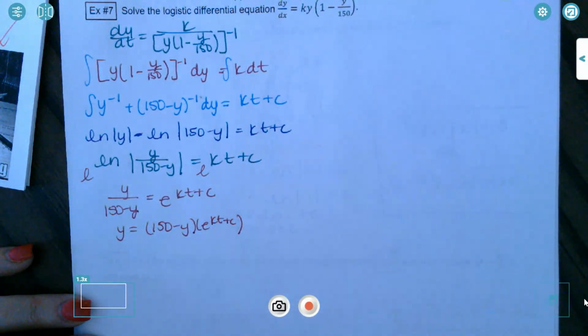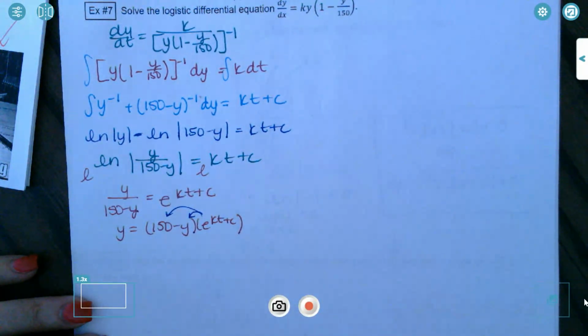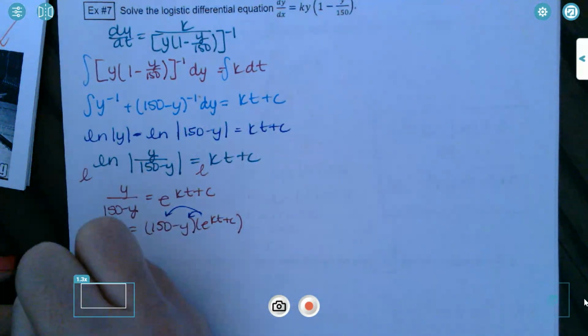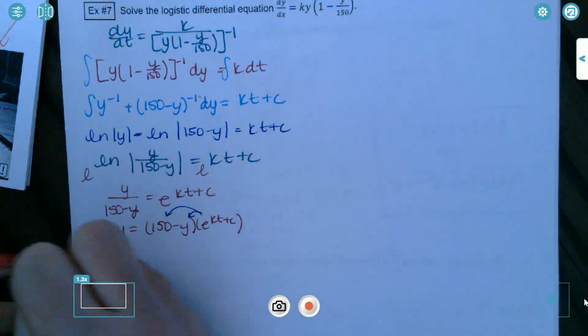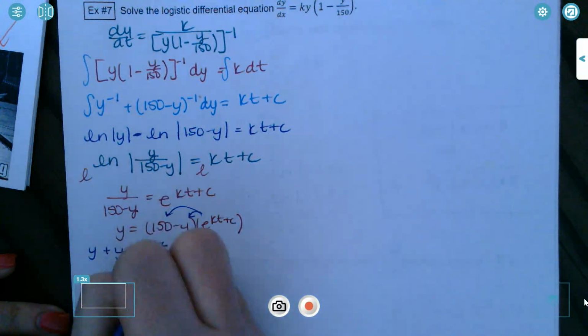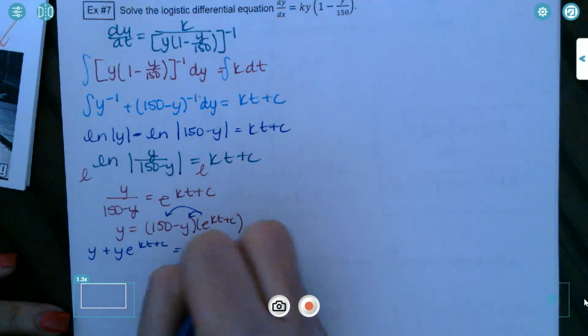All right, so if I do that, basically we're going to do this. Boom, boom. And I want to pull this one over. So I'm going to have this y over here already. That's going to be plus y times e to the kt plus c is going to equal the 150 e to the kt plus c.